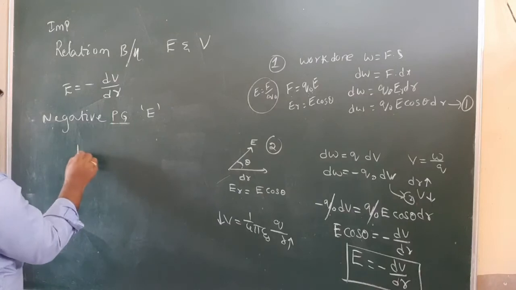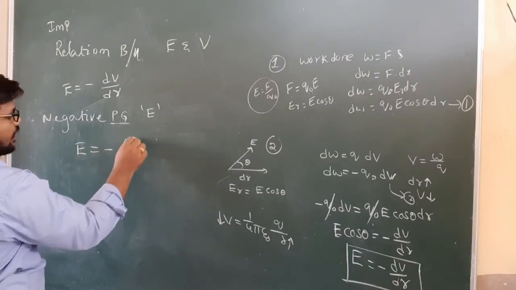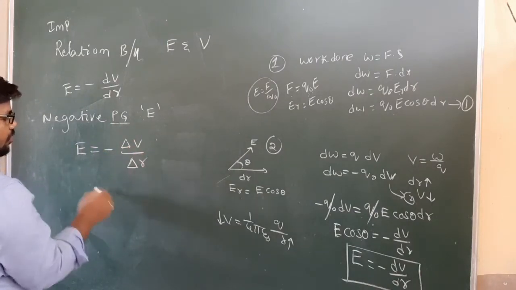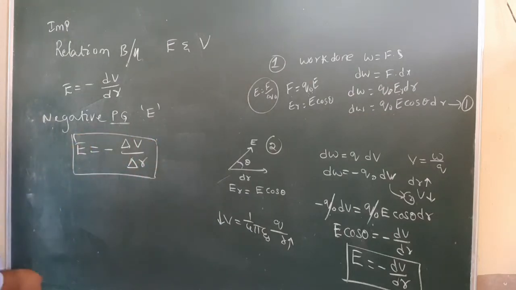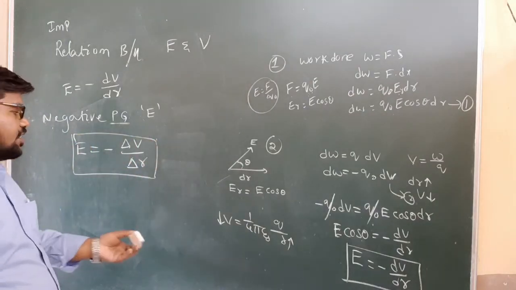In some books they give E is equal to minus delta V by delta r. So we write it in differential form.